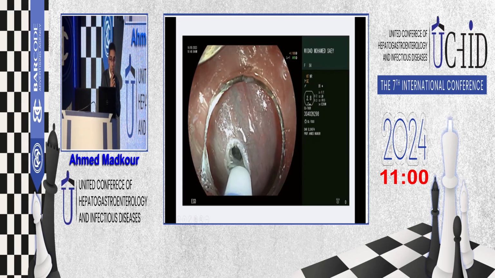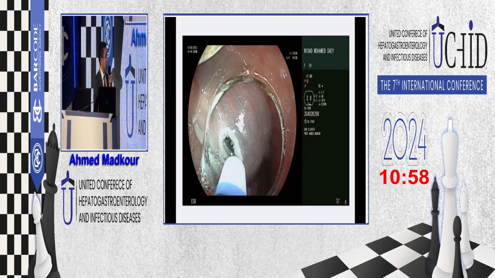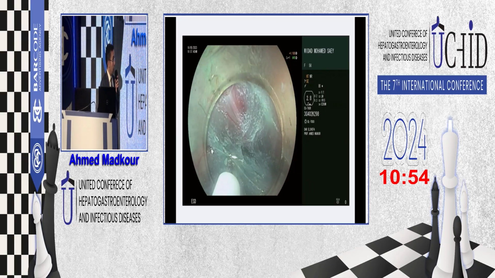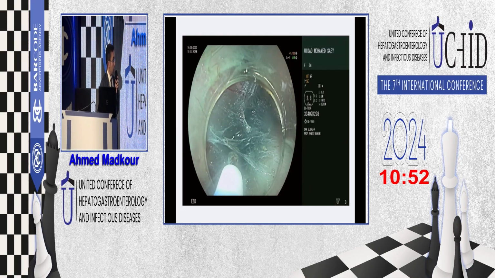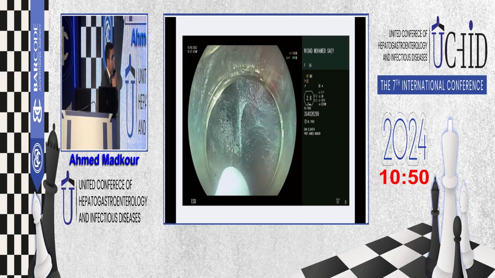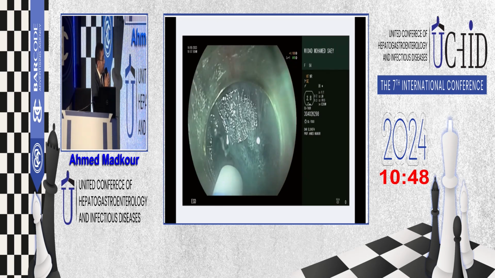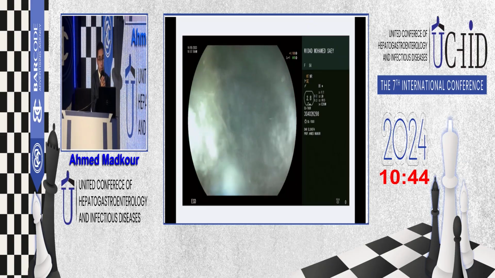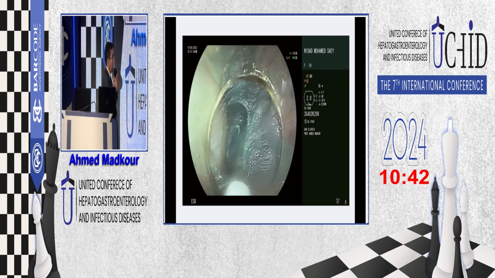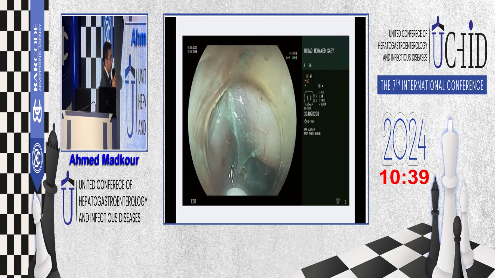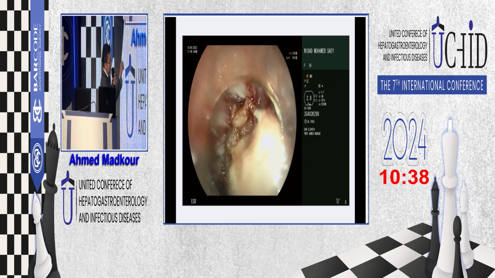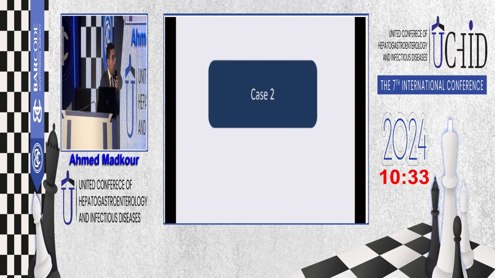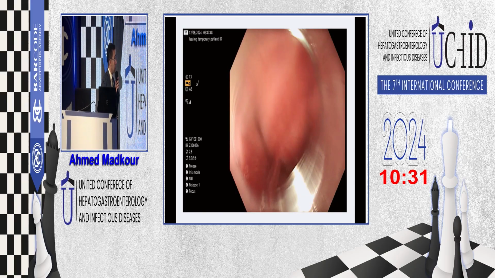But we still can go for STER in such lesions, though we should be a little bit careful while resecting, because behind us is the pericardium, and at a certain point we can see some pericardial pulsation. So we should be cautious, but we can still resect. This white pulsating structure behind is the heart, but it is still resectable.